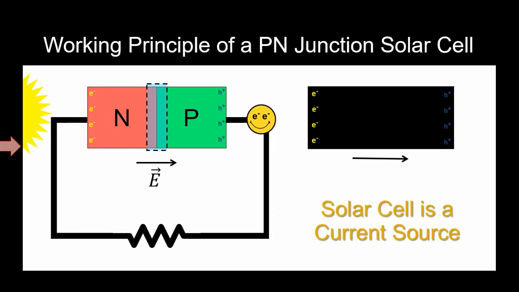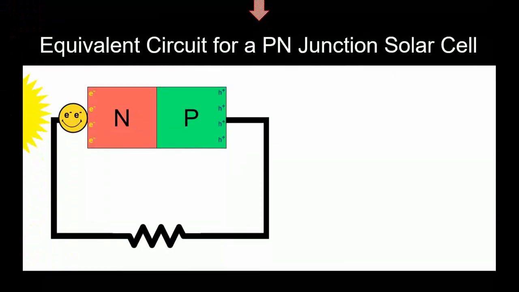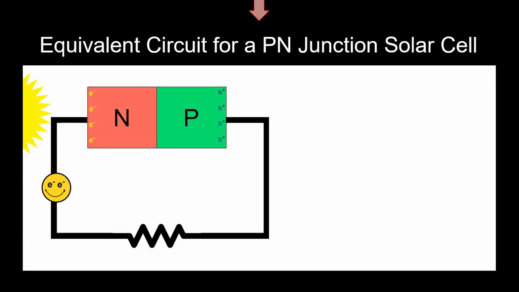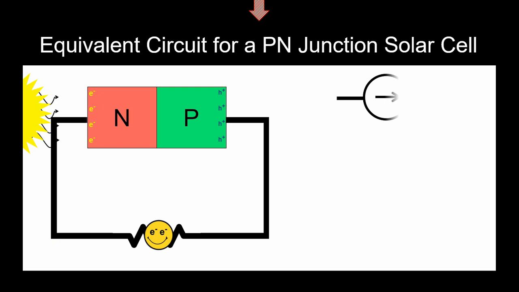Now, to model it in NI Multisim, we need to know what is the equivalent circuit of this solar cell. For the equivalent circuit, we know one thing, that a solar cell is a current source that we need to put there.